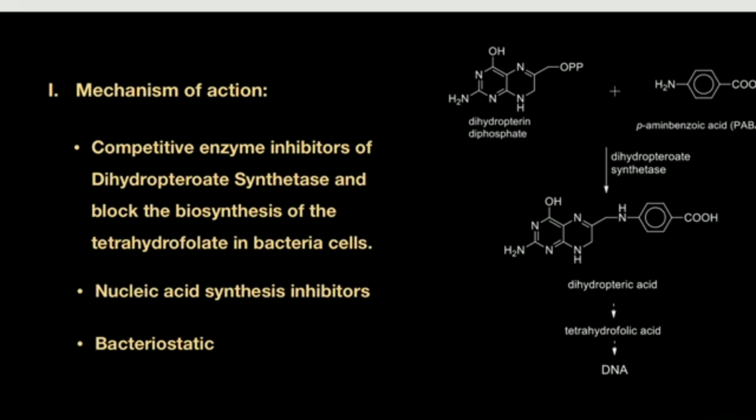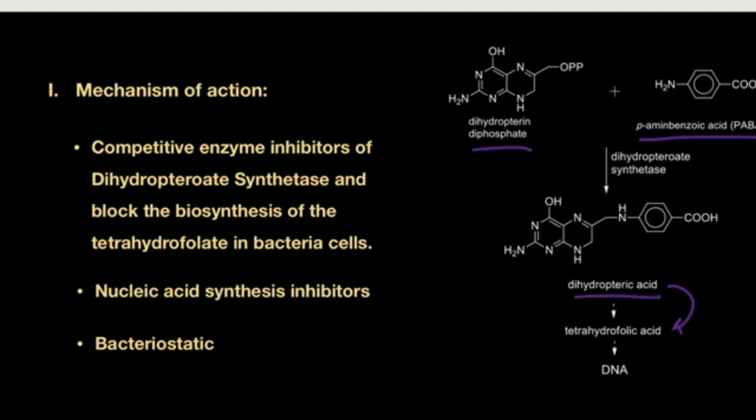At the very beginning, the dihydropteroate synthetase combines two molecules, which are dihydropterin diphosphate and para-aminobenzoic acid, or PABA, to form dihydropteroic acid, which is a precursor of tetrahydrofolic acid, or tetrahydrofolate.